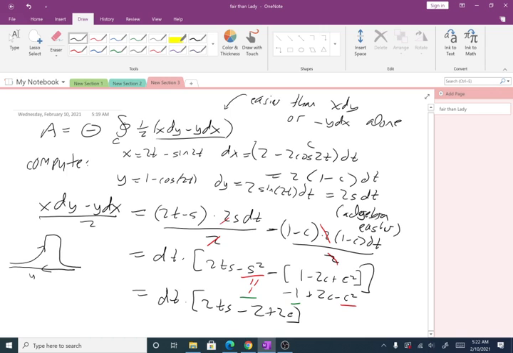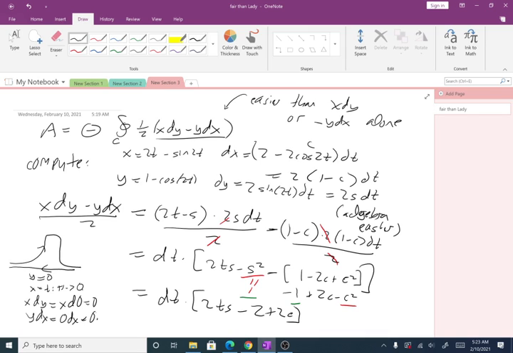Here, this is the curve y equals 0, and x equals t ranging from, let's say, pi to 0. So x dy is x d0, and y dx is 0 dx. So there is no contribution to the line integral from this.